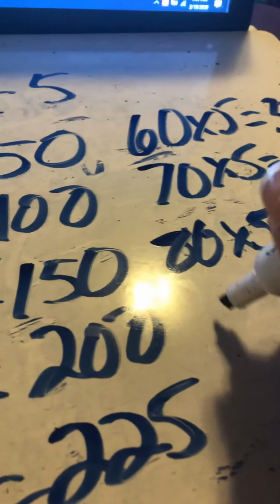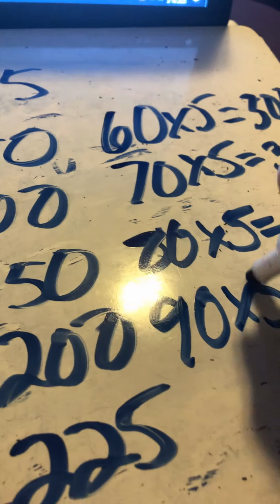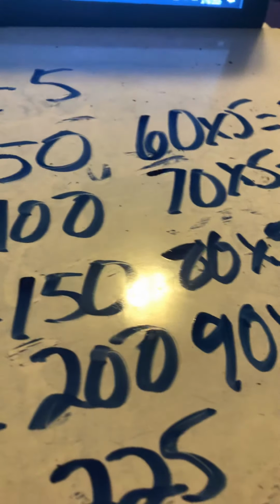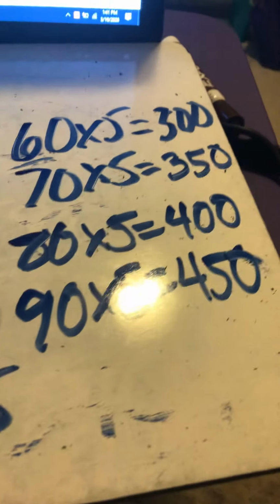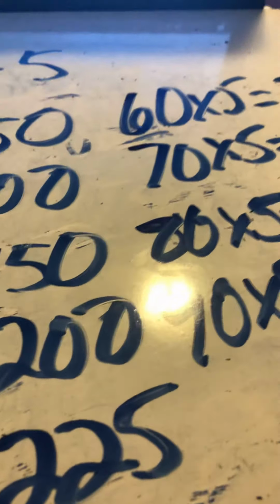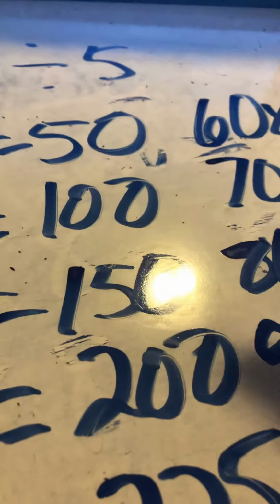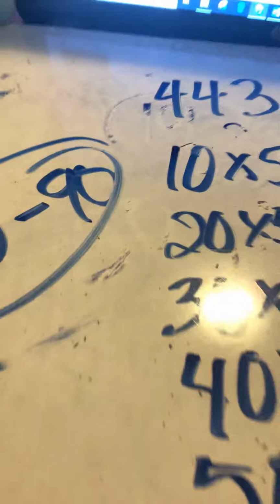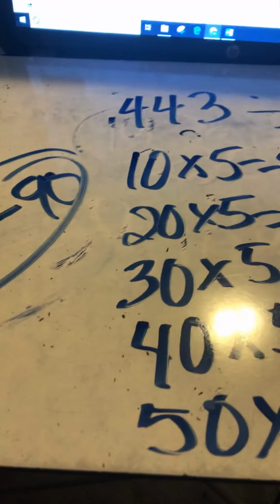We're almost there. 90 times 5, 450. Did we go over? So between 400 and 450, we are going to see the multiples of 80 and 90, right? So we're going to list between 80 to 90. 443 divided by 5 is going to fall somewhere in between 80 and 90.